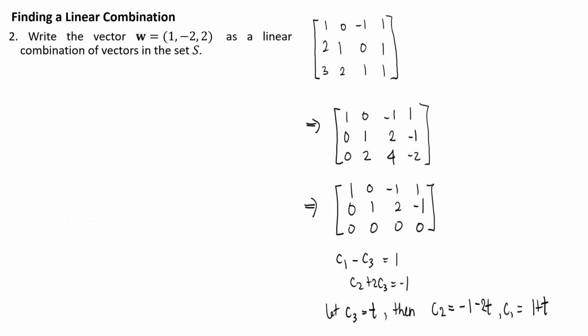Next example, we have: write the vector w, 1, negative 2, 2, as a linear combination of vectors in the set S. So we have here v sub 1, v sub 2, and v sub 3.